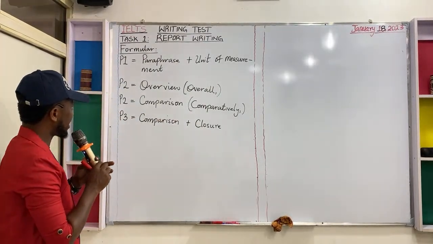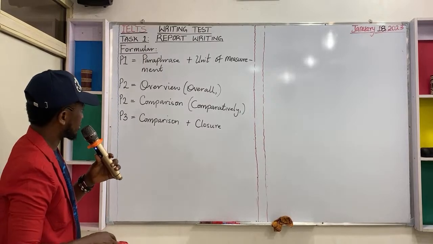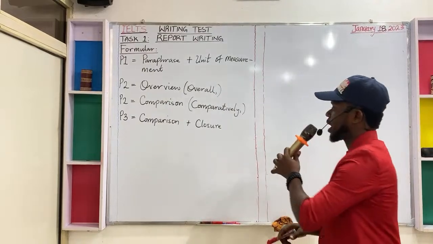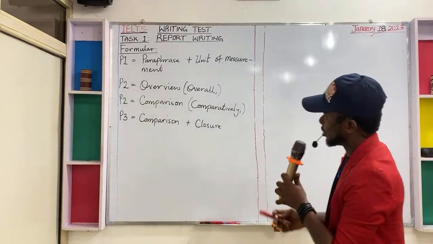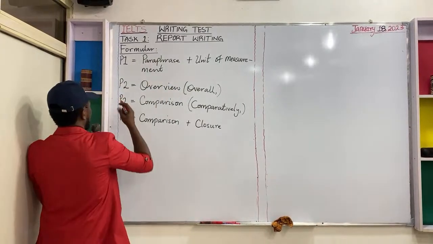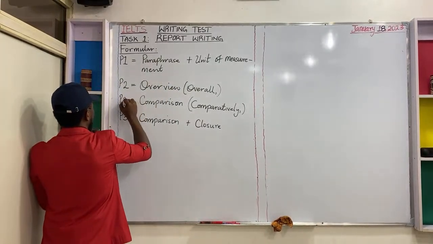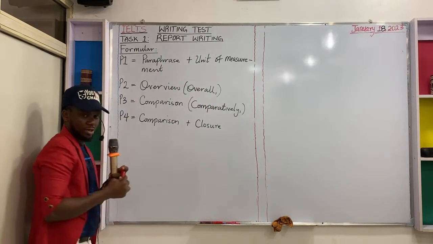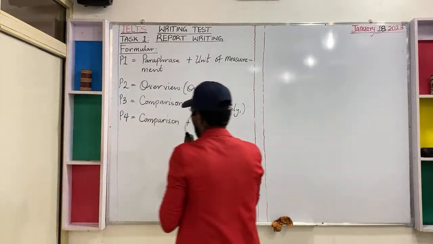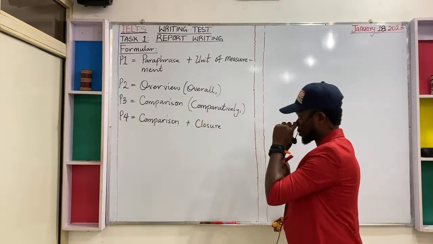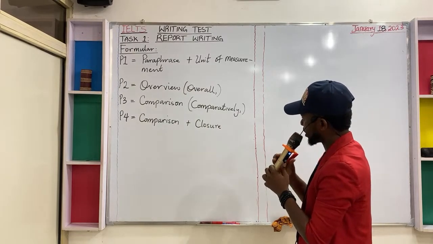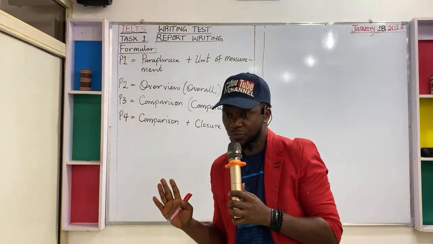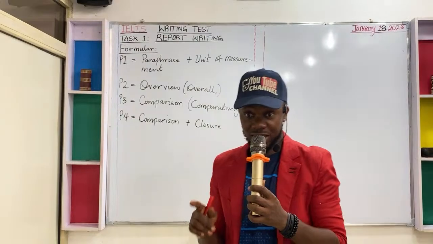All right, so this is the formula for writing a report. This formula has its basis on P1 to P4, which means you're meant to have 4 paragraphs. Your essay, 4 paragraphs.